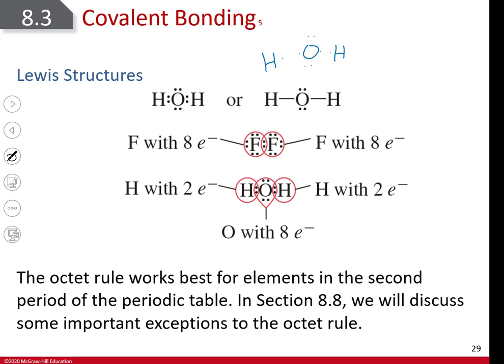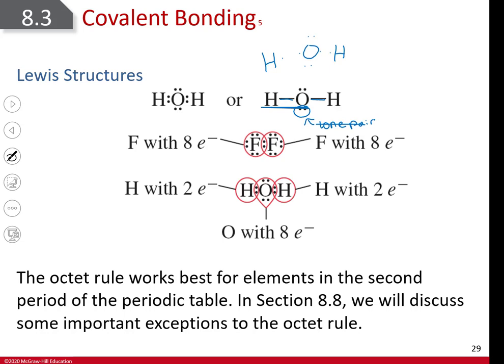So here's our structure after we make the lines. So electrons, unless there's an exception that we'll talk about towards the end of the chapter, are always going to be moving in 2. It'll either be 2 electrons sitting by themselves on an atom. These are called lone pairs. Lone pairs are a pair of electrons that belong to just one atom. They are not being shared.